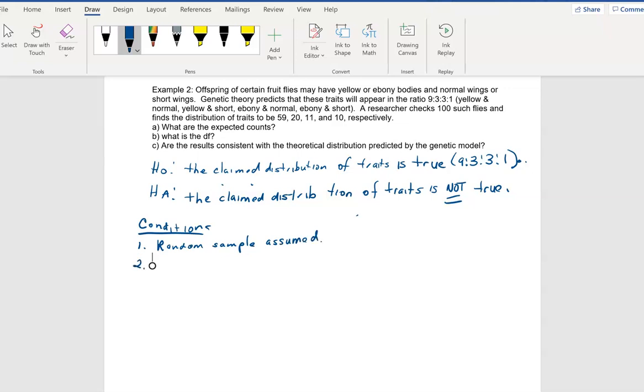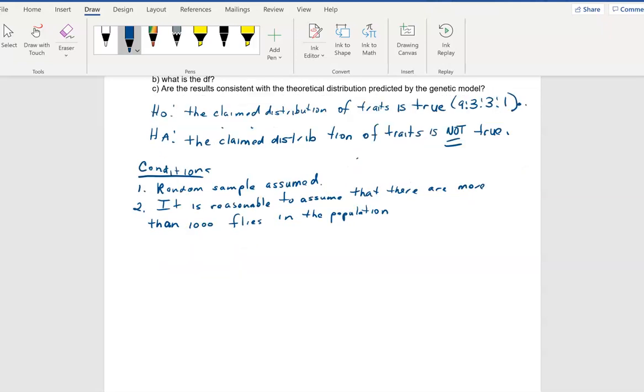We also need to follow the 10% condition. It is reasonable to assume that there are more than 1,000 flies in the population. And the third condition is the expected count condition. All of the expected counts have to be greater than or equal to 5. You may not have gotten that from the first example I showed you, though it certainly was the case in the M&M case.